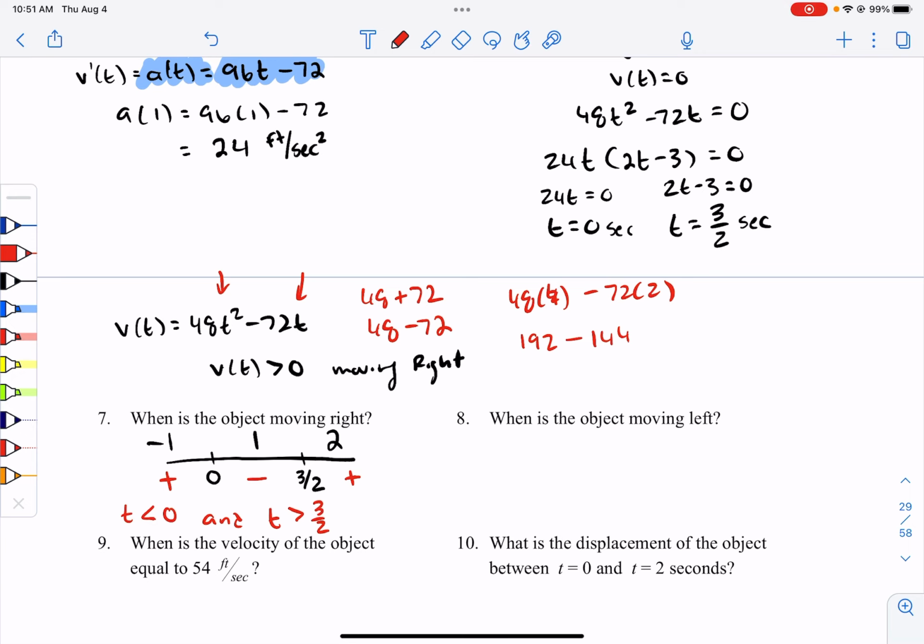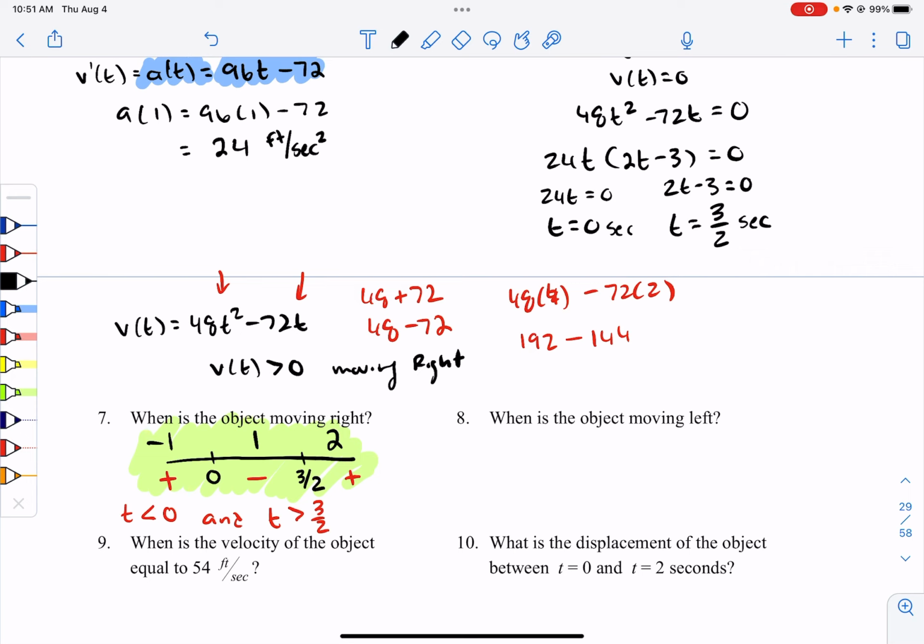Now, something to know on the AP test. You are going to get a question like this. There is nothing wrong with using this table. It's a great table. It does a lot of things for you. But you have to explain the table after. I can't just use the table and leave out the t is less than 0 and t is greater than 3/2.